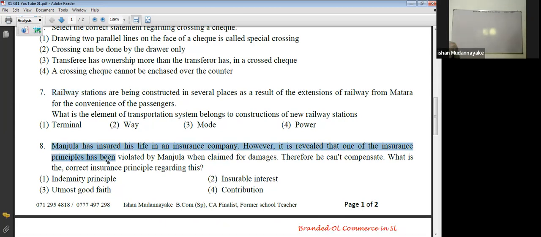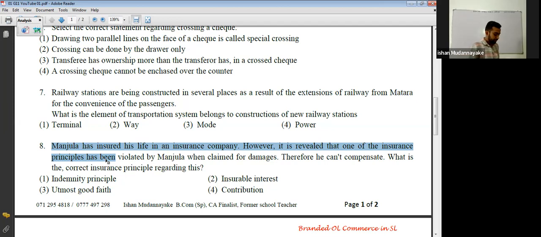Right. Look at question number 8. Manjula has insured his life in an insurance company. However, it is revealed that one of the insurance principles has been violated by Manjula when claiming for damages. Therefore, he can't be compensated. What is the correct insurance principle regarding this?